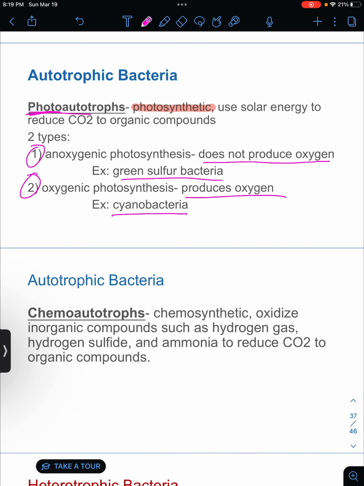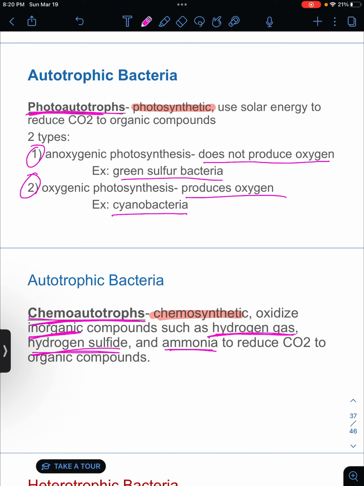So you've got photoautotrophs and then you've got chemoautotrophs, which are chemosynthetic. They oxidize inorganic compounds, such as hydrogen gas, hydrogen sulfide, and ammonia.